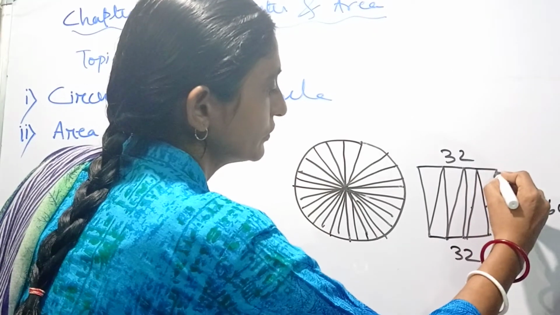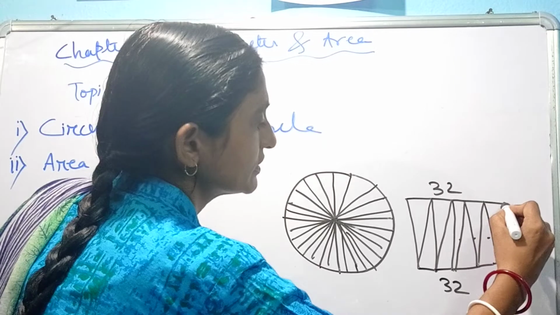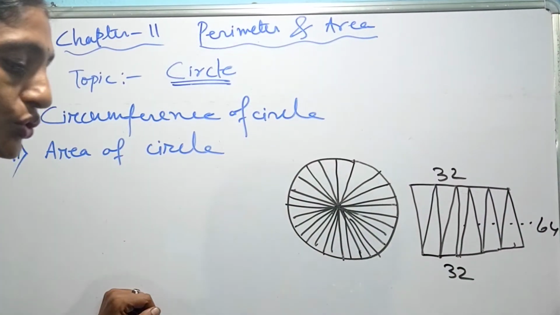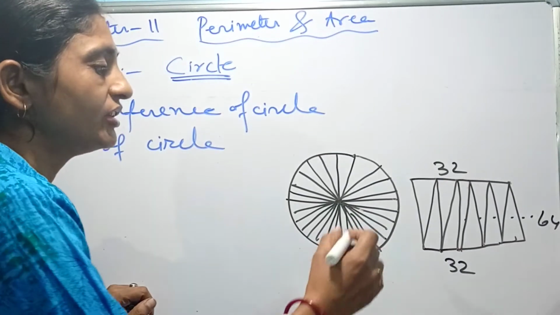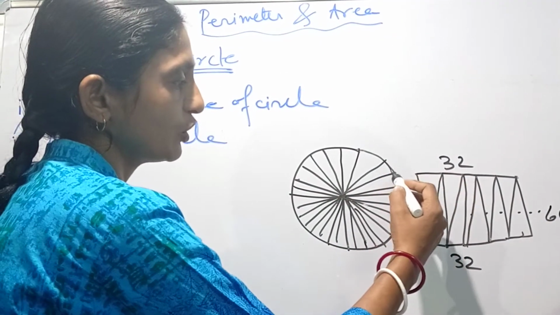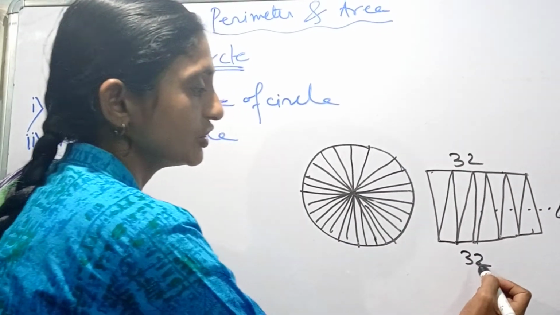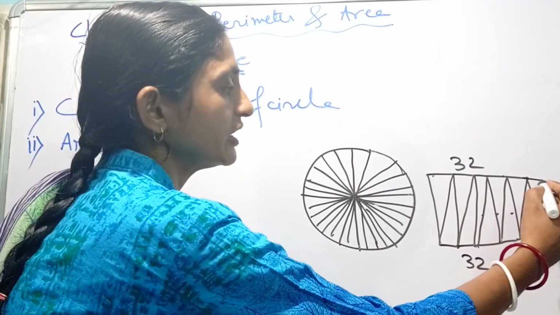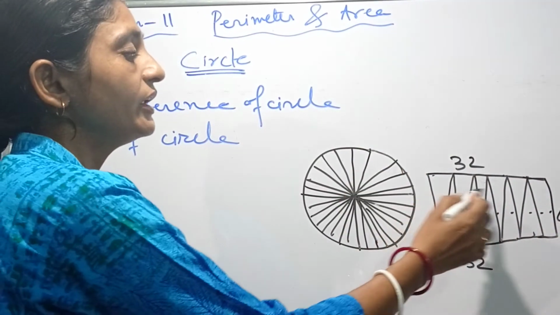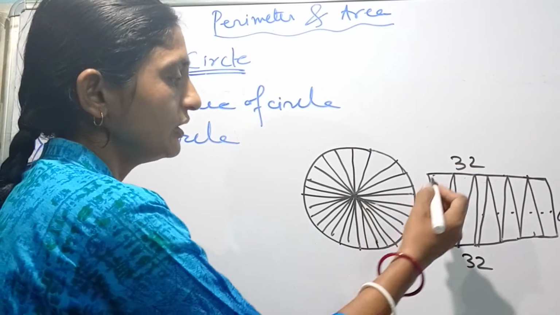If I put all the sectors of equal size, in this way it will continue. You might have noticed that on this side we put the broad part of 32 sectors, and on this side also the broad part of the 32 sectors. In this way we get a rectangle-like structure. Whatever the length is, leave it for now.